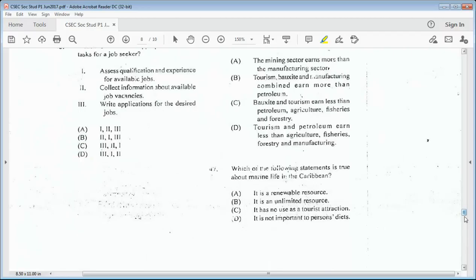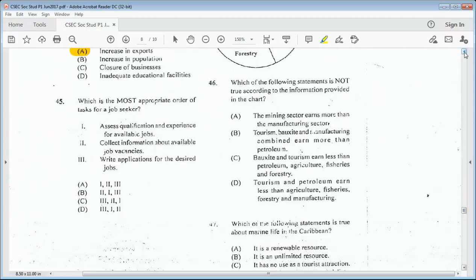Let's move on to 45. Here it says, which is the most appropriate order of tasks for a job seeker? 1, assess qualifications and experience for available jobs. 2, collect information about available job vacancies. 3, write job applications for the desired jobs. Is it A, 1, 2, and 3? B, 2, then 1, then 3? Or C, 3, then 2, then 1? Or D, and so on.